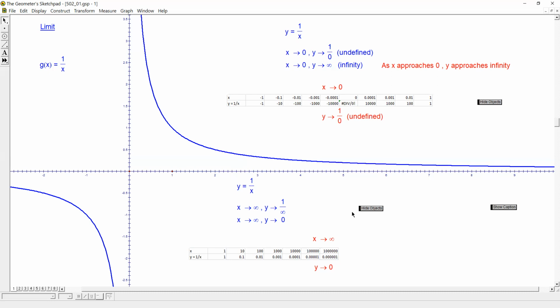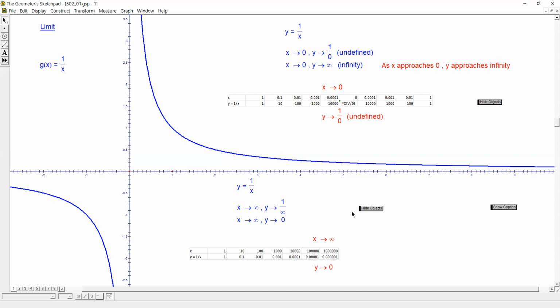Now why can I not say x equals infinity? Just now I told you the answer already. Why can I not say x equals infinity, y equals 0? Why not? Can anyone answer this question? Teacher, can you repeat the question?